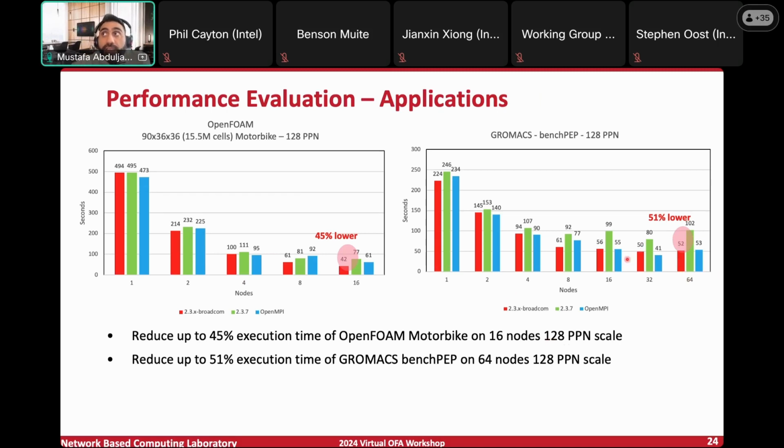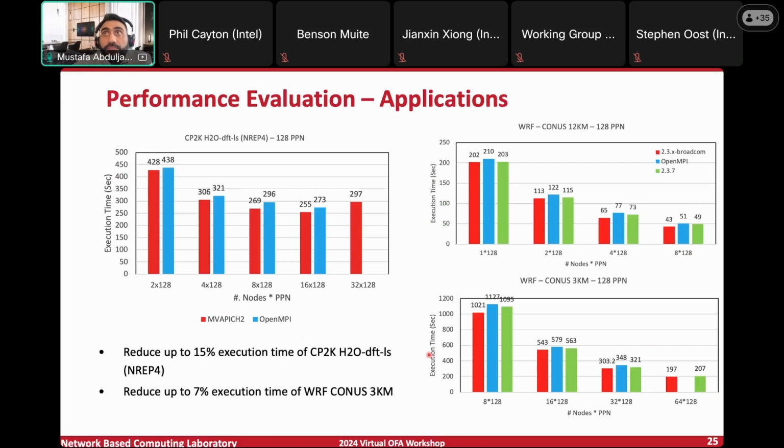GROMACS is fairly scalable to the full cluster that we tested on. And we also test with CP2K, with the NREP dataset, and we're getting up to 15% lower execution time, and we're able to scale up to 16 nodes, and beyond that, the scalability is broken.